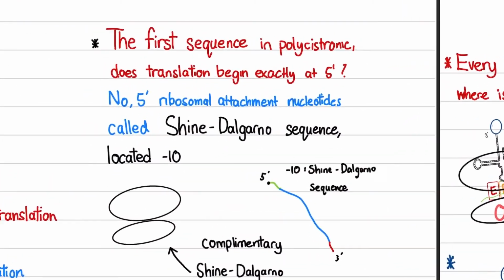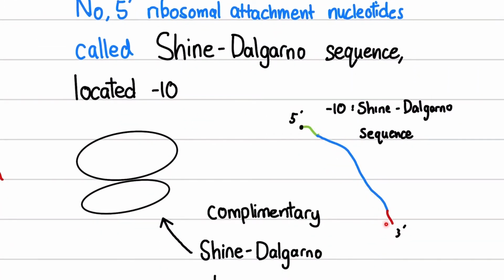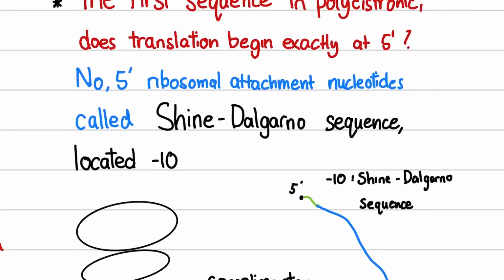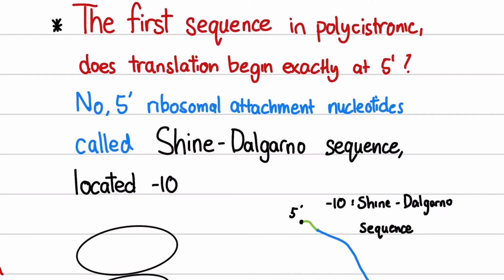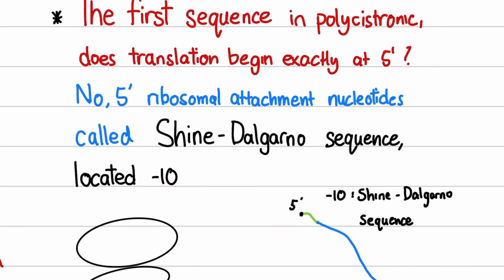Now let's get into more detail of the mRNA, and focus on the different sequences on it. The question is: does polycistronic translation occur exactly on the 5' end?